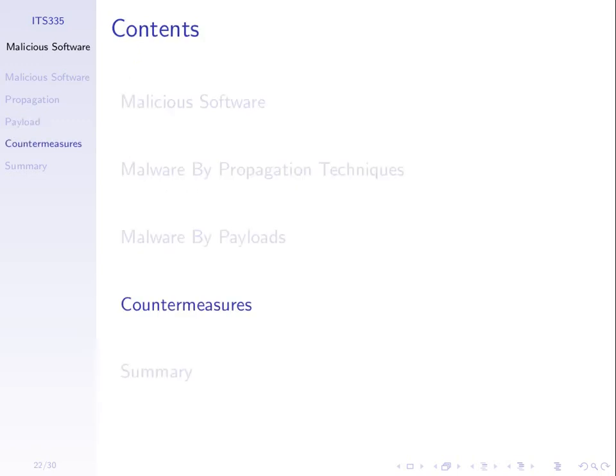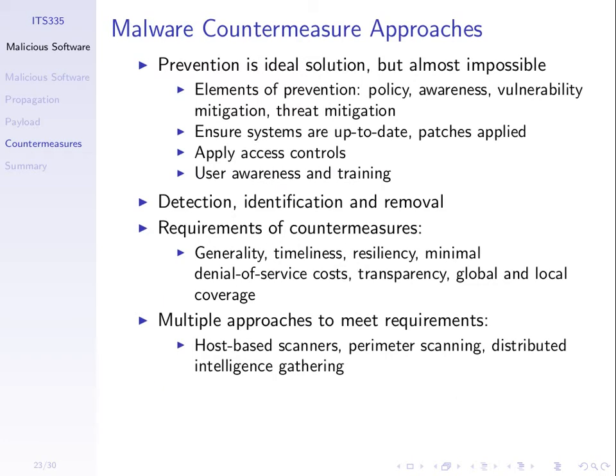Just briefly to finish then, how do we stop them? What countermeasures do we have so that the malicious software cannot take effect on our computer systems? We'd like to, ideally, prevent any malicious software getting into our computer, prevent it from running, but that's not always possible.